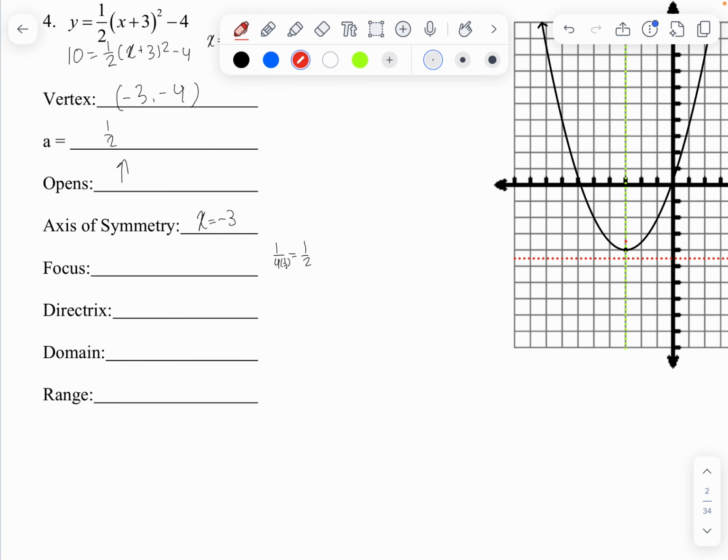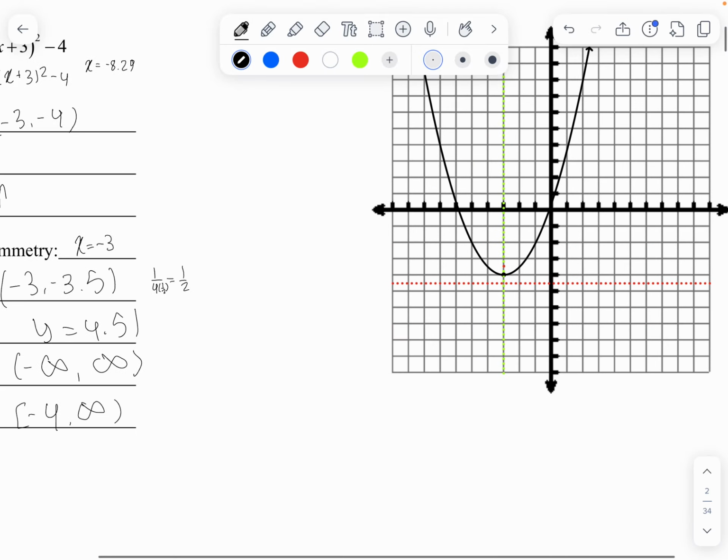And the points are -3, -3.5, and y equals -4.5. And the domain is -infinity to +infinity, and the range is -4 to infinity.